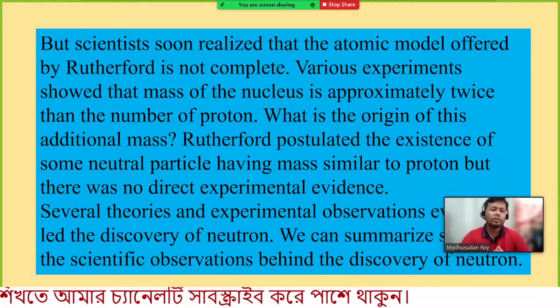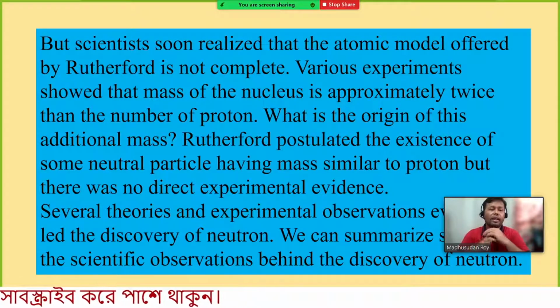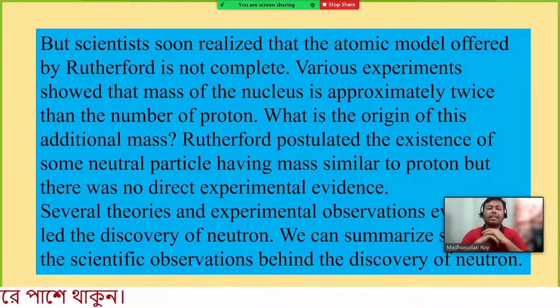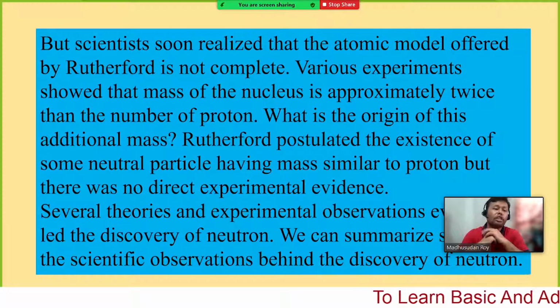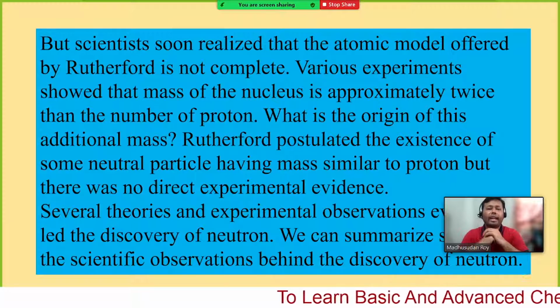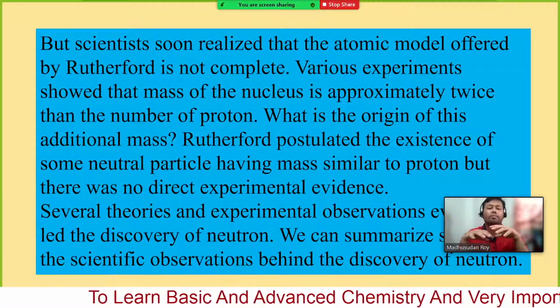Most of the time, scientists found that the mass of an atom is almost twice the number of protons. If you consider any atom like hydrogen or helium, helium has only 2 protons, but the mass of helium is 4 AMU. So scientists became puzzled.